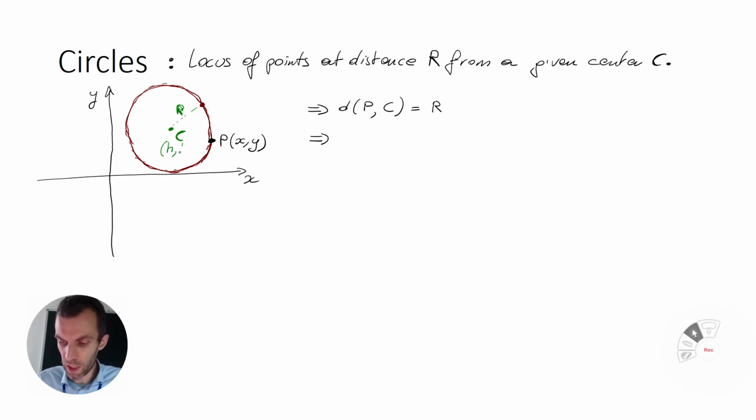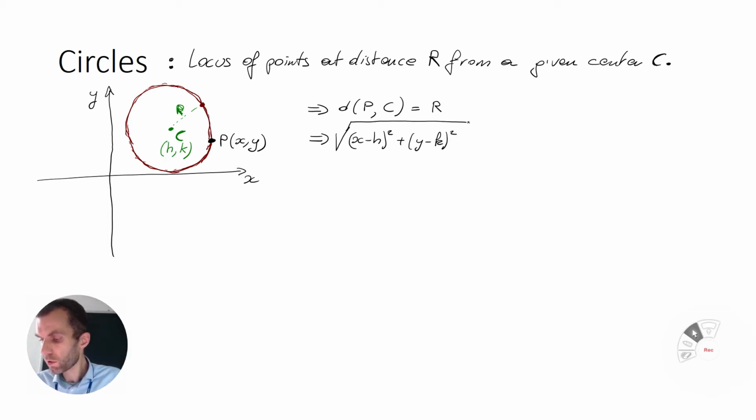Let's call it H and K. So with these coordinates, the distance is the square root of the difference of the coordinates, so x minus h squared, plus y minus k squared, square root of that equal to r.